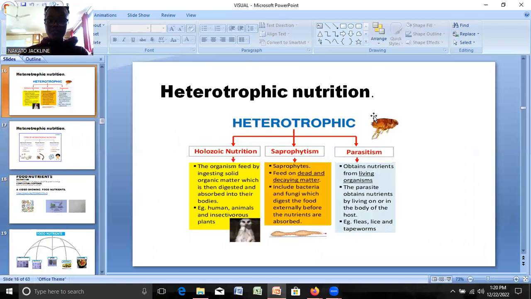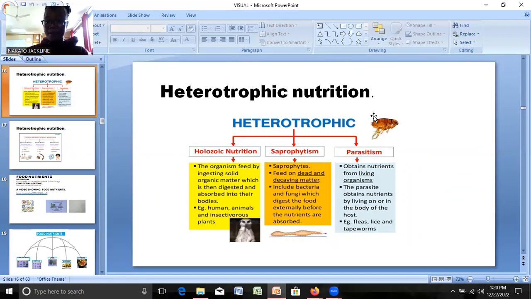Under heterotrophic nutrition, we have other different types. We have holozoic, that is among humans and animals and some insects, insectivorous plants. Then we have saprophytic nutrition, which is under bacteria and fungi.